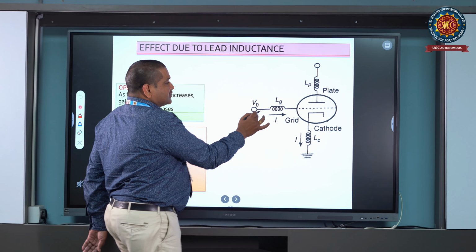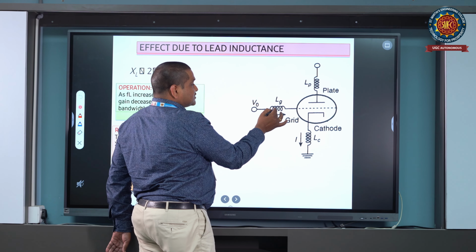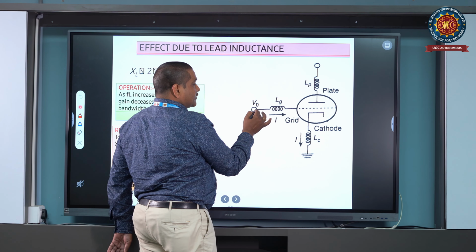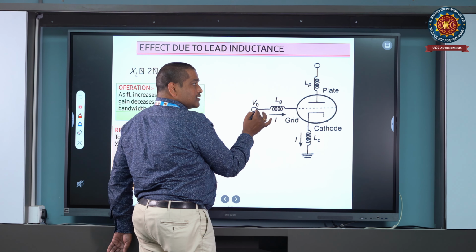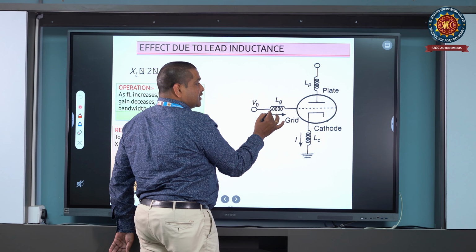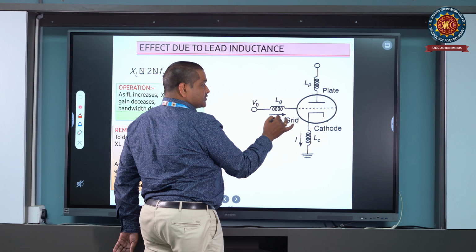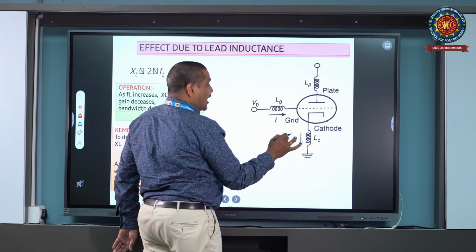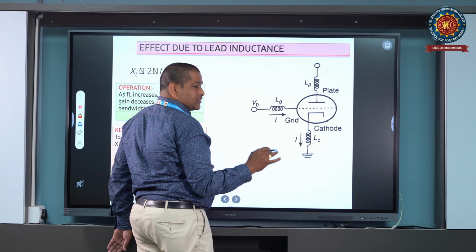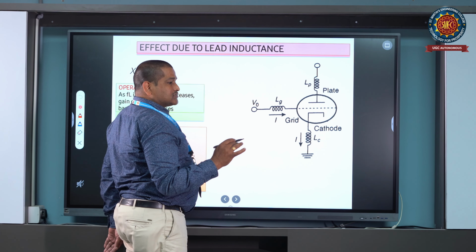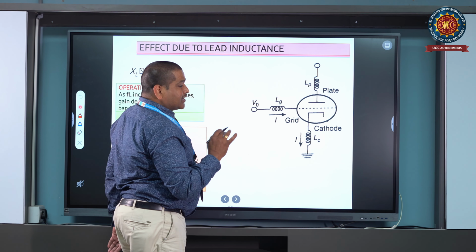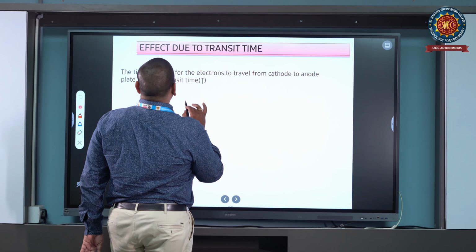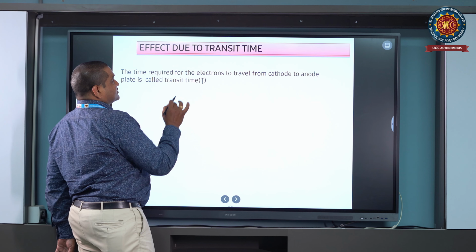As the inductive reactance increases, the voltage at this inductive reactance will be less compared to the voltage existing at the base pins. This increases the inductiveness of the circuit, which causes more power dissipation. So lead inductance is also one problem that arises in conventional tubes. And the next problem is the transit time effect.